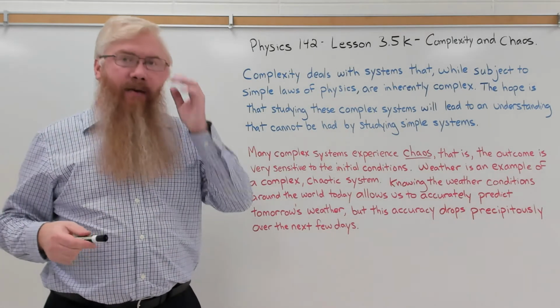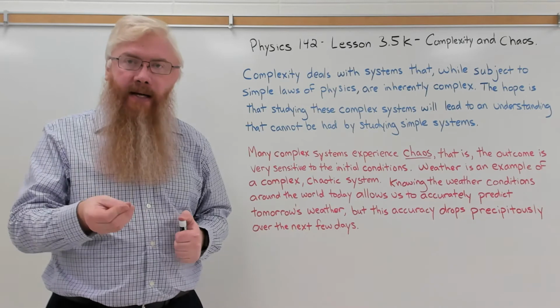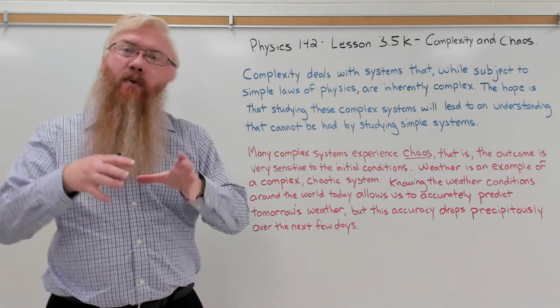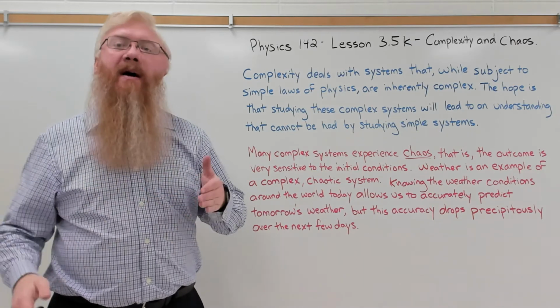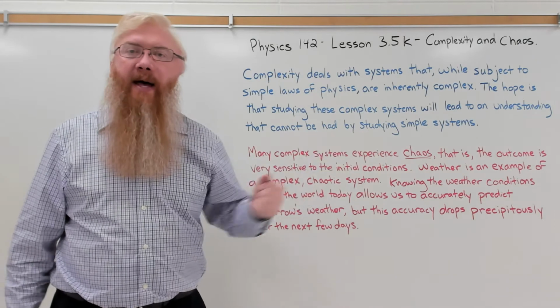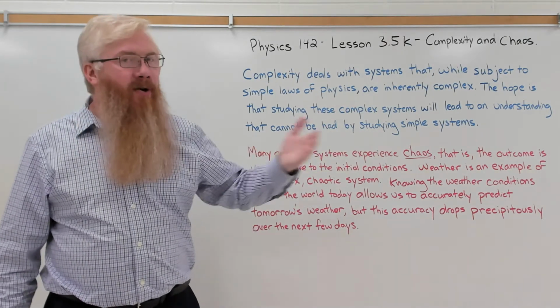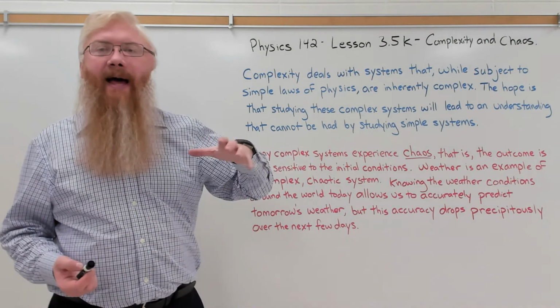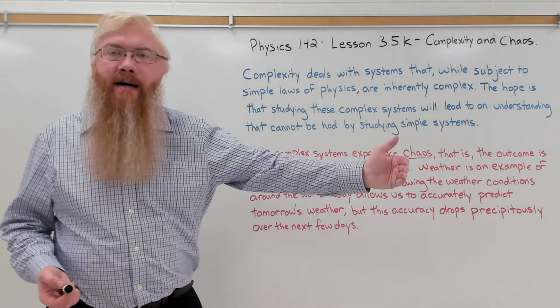So we can fairly accurately predict what the weather will be like tomorrow given the weather today. But looking at the long-term forecast, the 7-day forecast, the 10-day forecast, they usually don't go beyond 10 days because the predictive accuracy drops precipitously at that point.